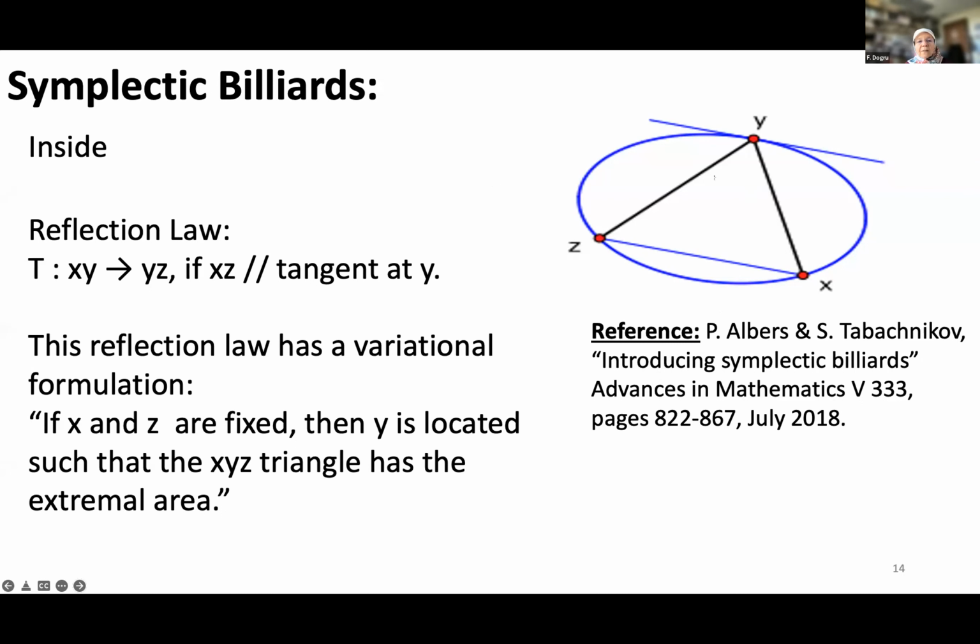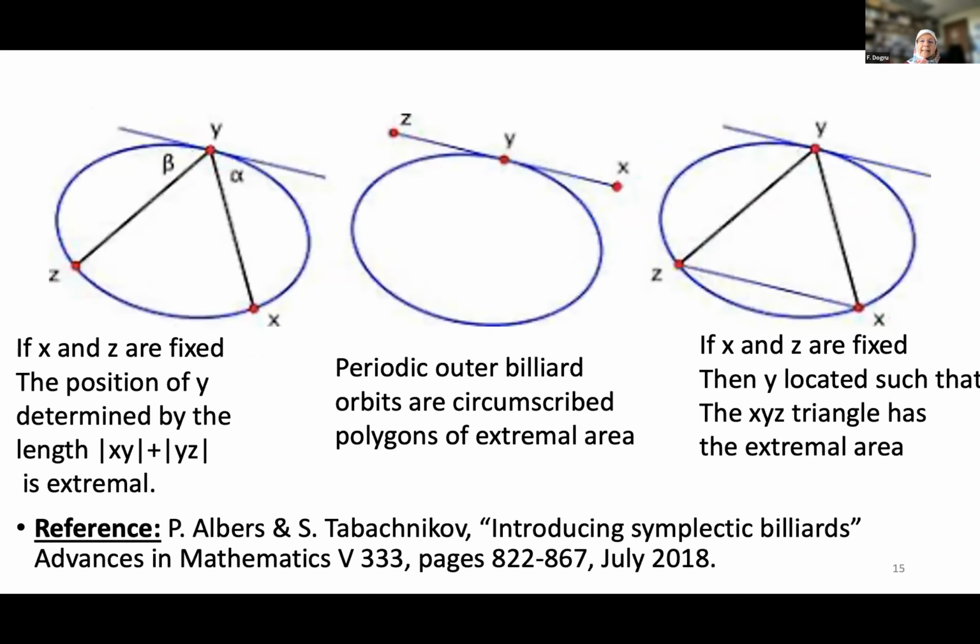What is the formulation of the symplectic billiard first? If you fix x and y, then z is located such that this triangle has extremal area. Then we will find similar variational formulations for the other types of billiards. Let me explain that. The first picture you are seeing is inner billiard, the second picture is outer billiard, and the third one is symplectic billiard.